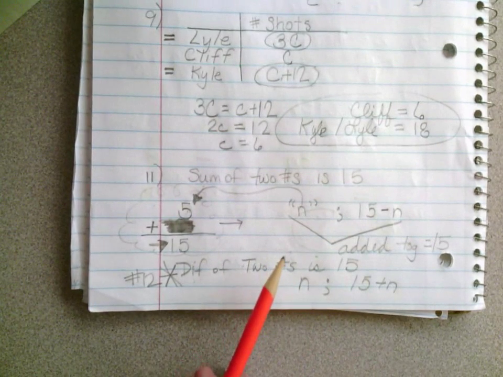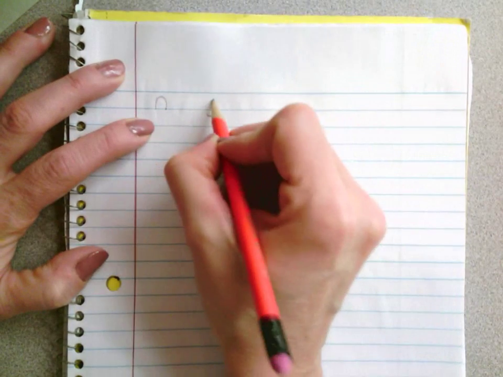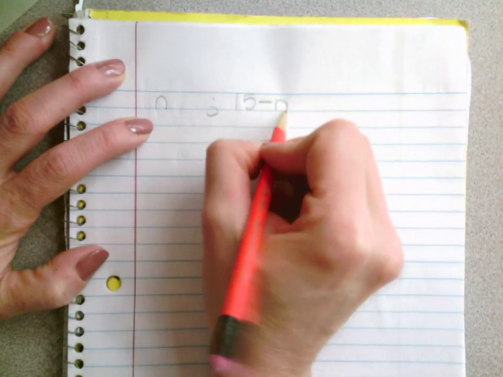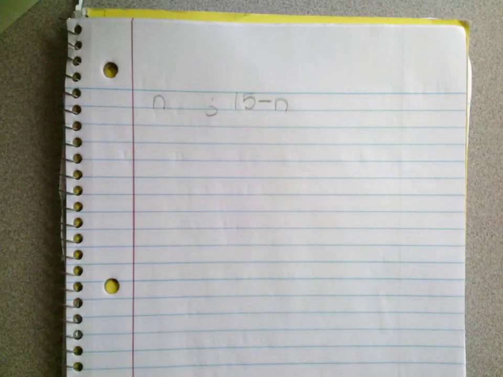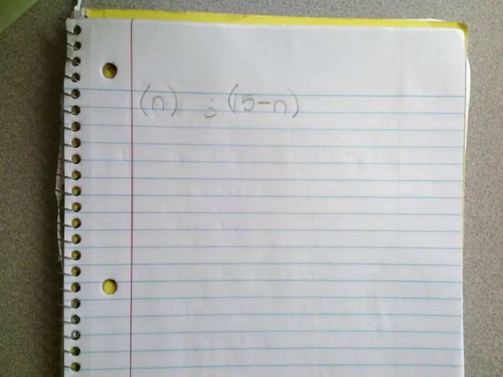The sum of two numbers is 15. 3 times one of the numbers. So the numbers are n and 15 minus n. 3 times one of the numbers. Do you want to pick this number to triple or this number to triple? Guess what?